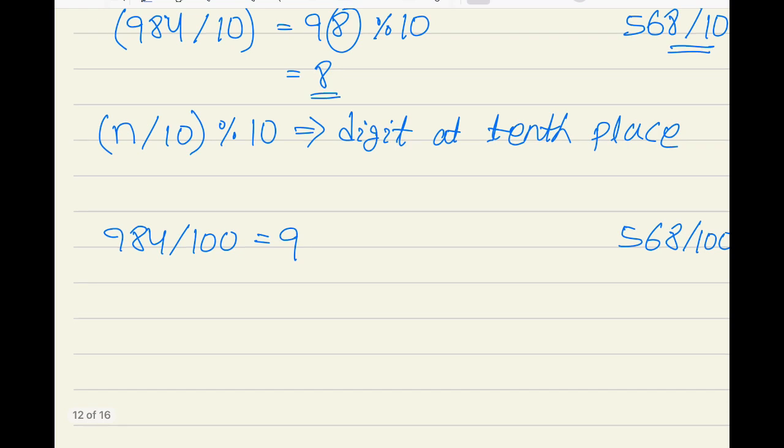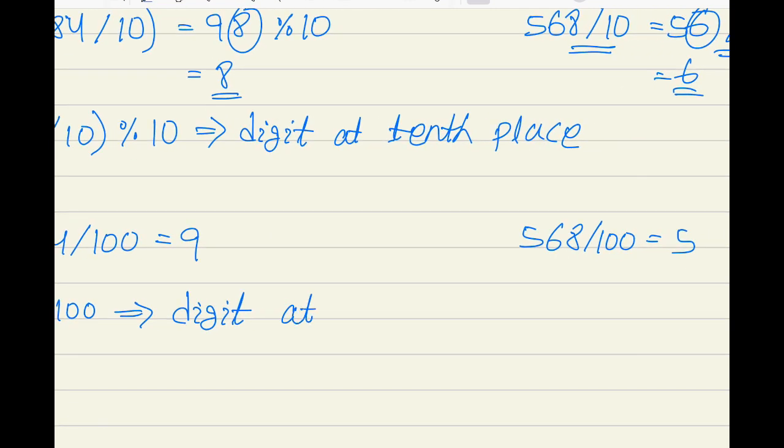So for any 3-digit number n, if we divide this by 100, we are going to get the digit at the 100th place.